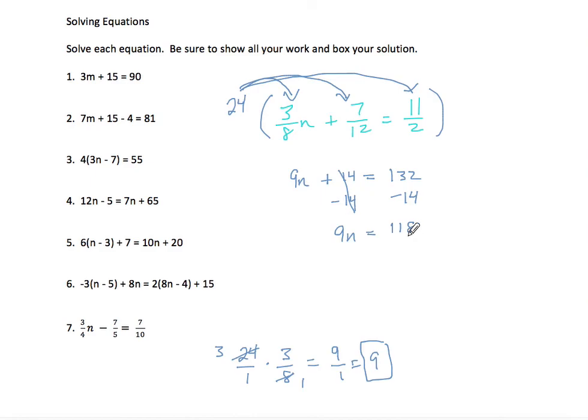Is that right? Yeah. All right. So now let's divide both sides by 9, and we get n is equal to 118 over 9.